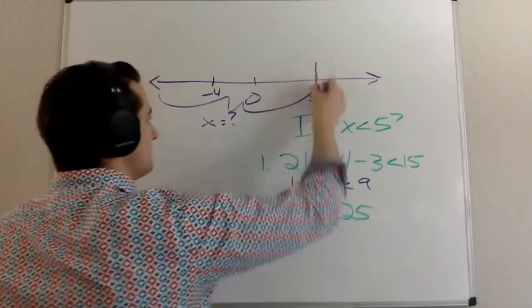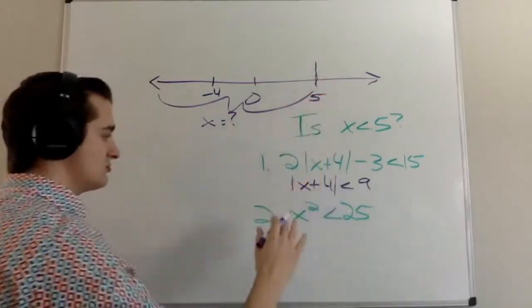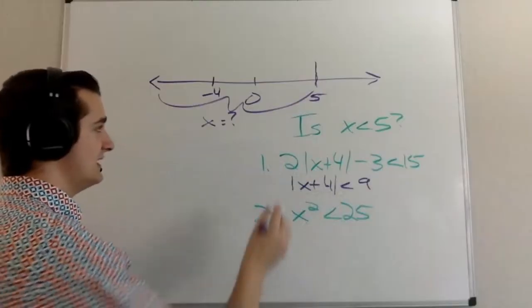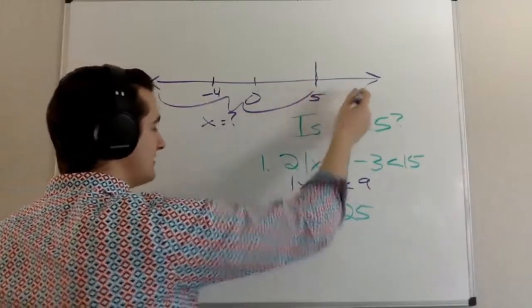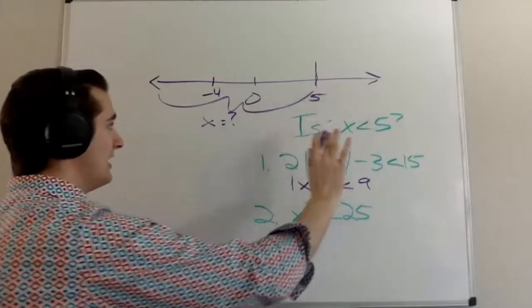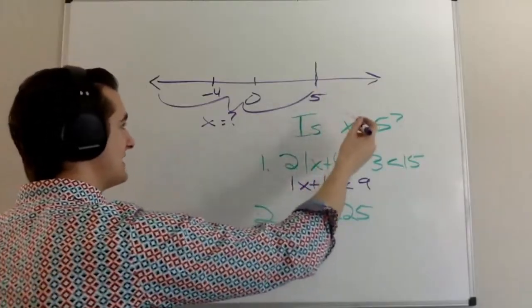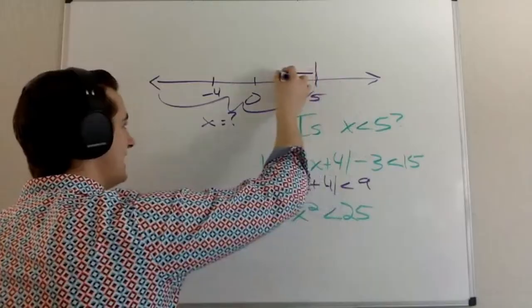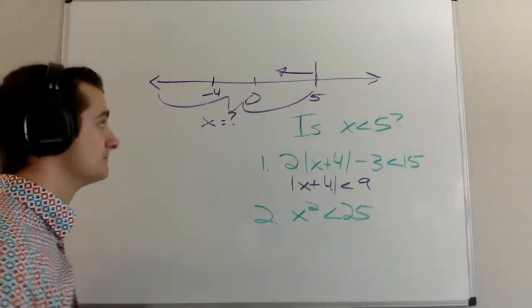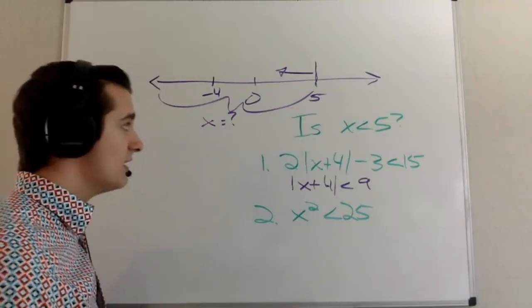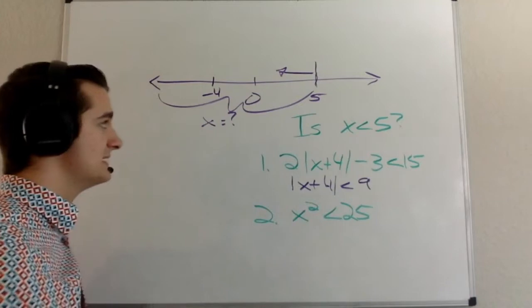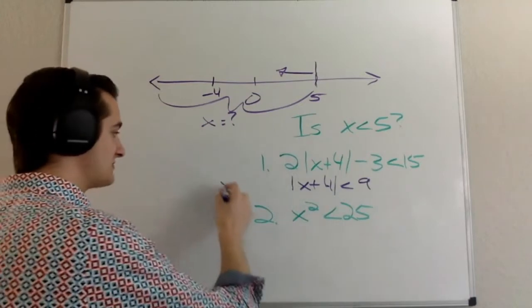If I bring x to the right of 5, then all of a sudden the distance between x and negative 4 is going to be more than 9. So I know x has to fall on the left side of 5 here. So I know that x must be less than 5.